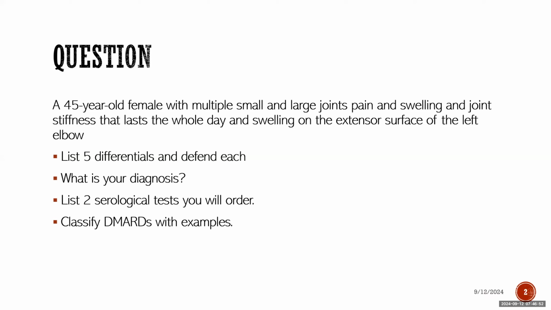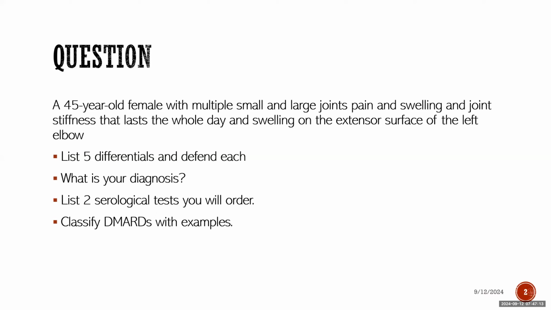So it could also be reactive arthritis, but in this case, they didn't give a history of a preceding febrile illness, but it's a possibility, and it can cause arthritis involving the extremities too.